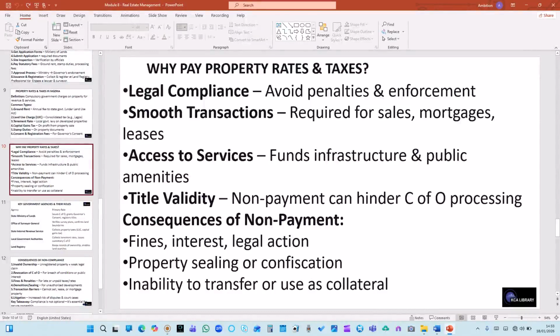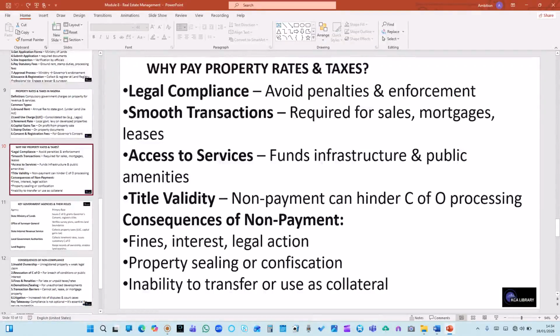It gives access to funds for public infrastructure as well as public amenities. So payment of tax facilitates public infrastructure and social amenities. Number four is title validity. So non-payment can hinder C of O processing. So when you fail to pay your tax, government may not process your certificate of occupancy.